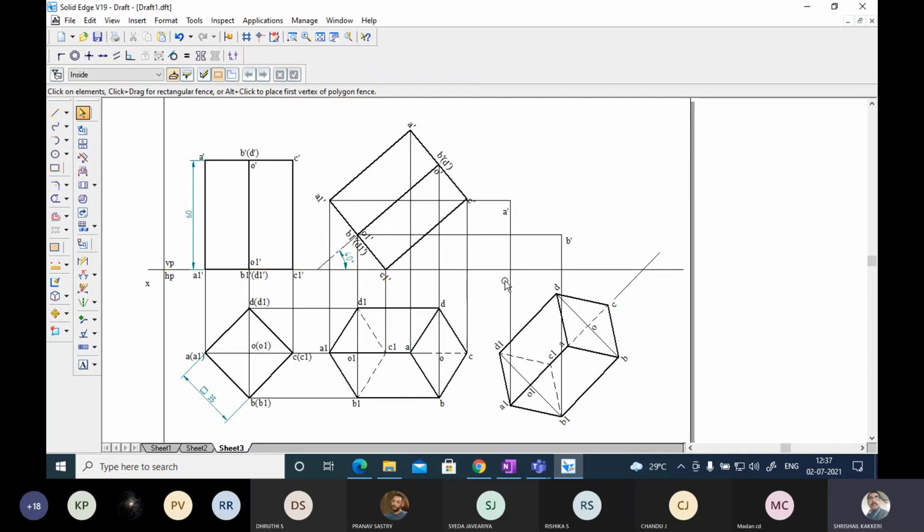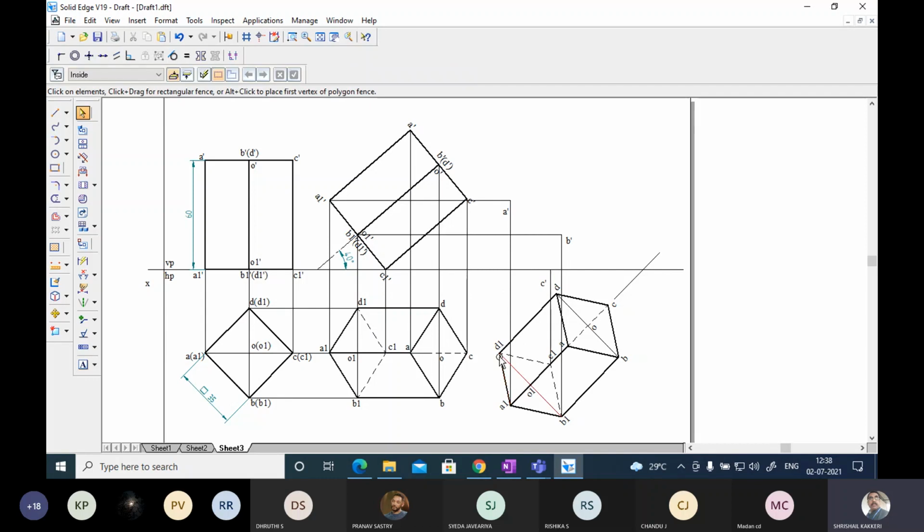And now let me come to point C. C is on this. From C, so this is point C. Immediately write the point C, C dash.